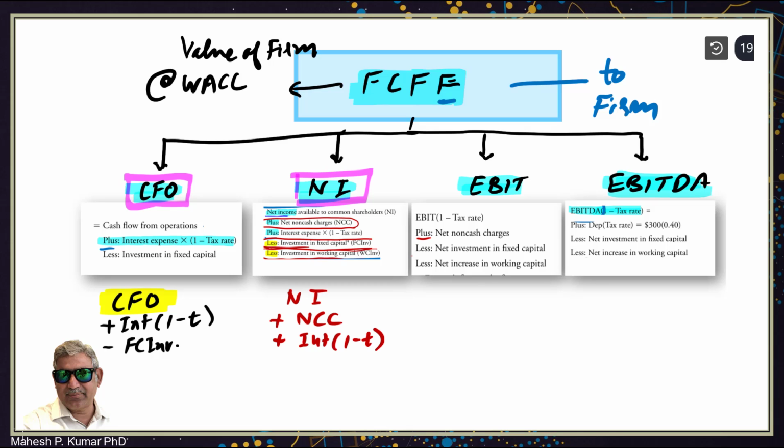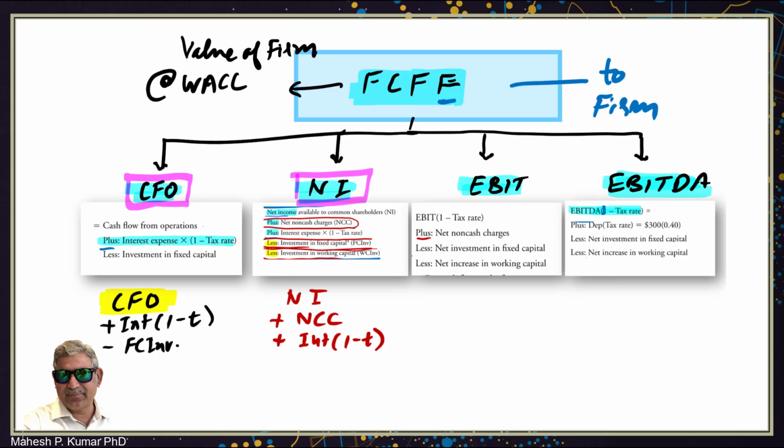This is because we are calculating free cash flow to the firm. And when we say firm, it means this cash flow is available to all suppliers of capital, both debt and equity. So interest has been paid to debt. It is added back because we are calculating free cash flow to the firm.